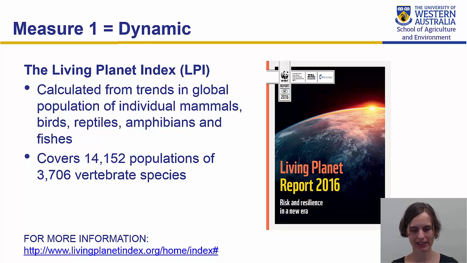It's collected by the WWF and it covers more than 14,000 populations of more than 3,700 species. Massive amount of data collected to create this Living Planet Index every 4 years, I think it is. What I'm showing you is the most recent report that came out in 2016.